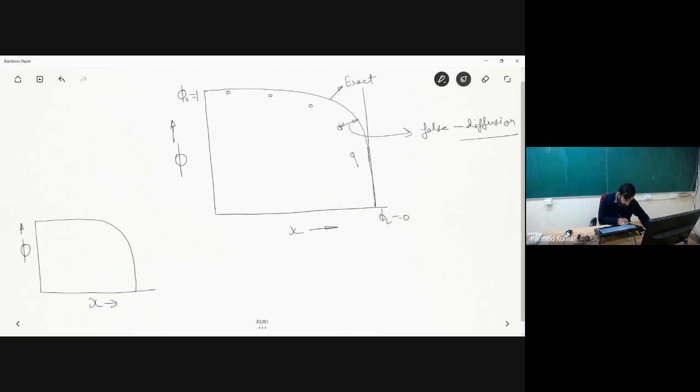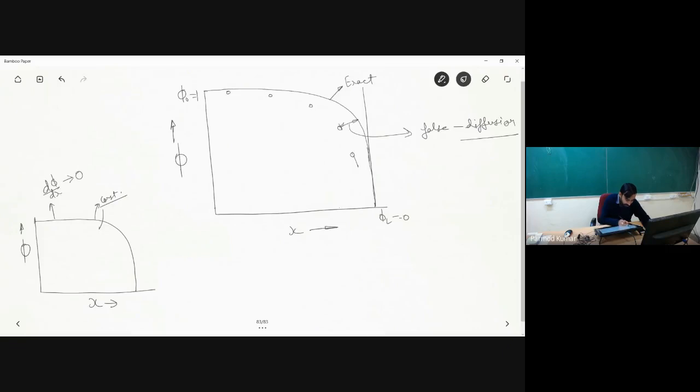If you see over here, your exact solution shows that for the majority of your domain, the value of phi is almost constant. If the value of phi is constant for the majority of your domain, what will be the value of d phi by dx in this portion?